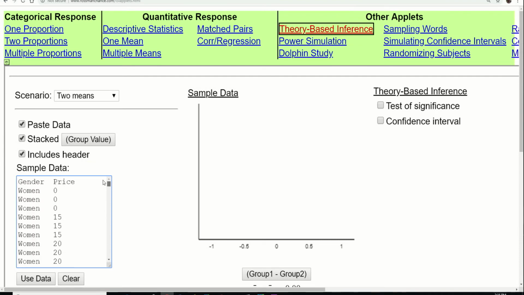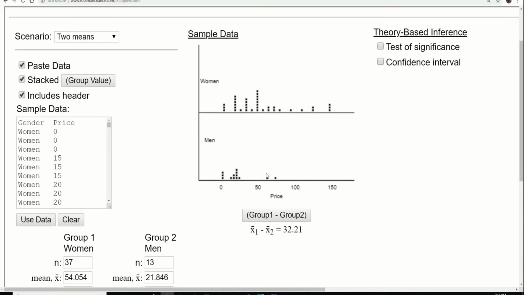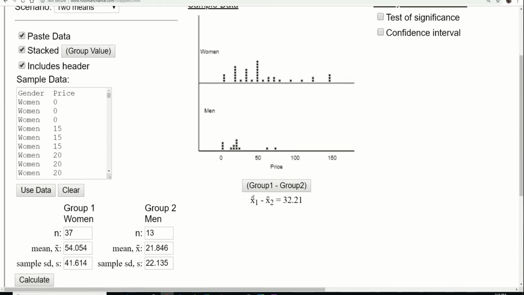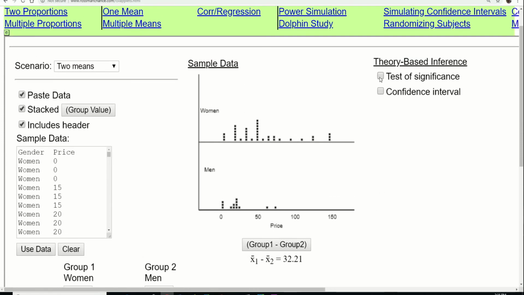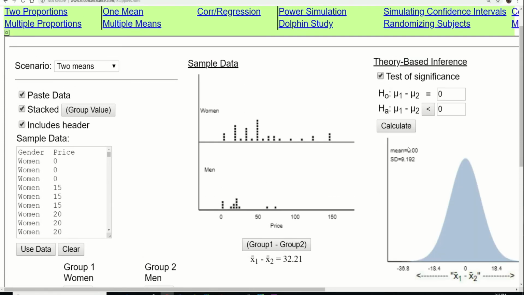Should have, yeah, gender and price. We'll use that data. OK, so here is our sample information. We see those men prices and women prices. And here was our difference in our means. And so now with the theory-based, we'll do a test to see, is this really significantly larger than 0? Is this mean difference sufficiently large?